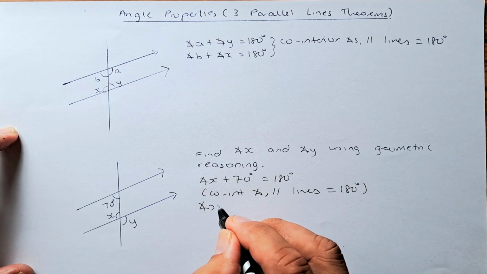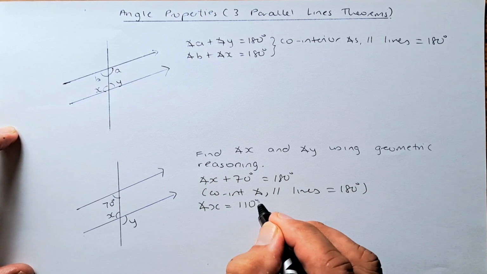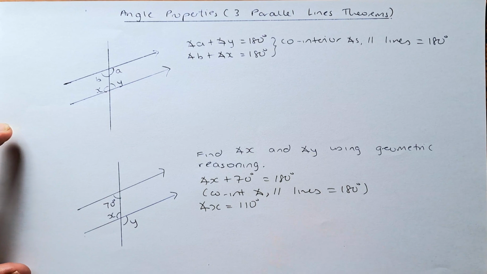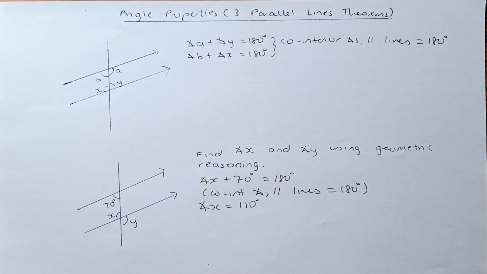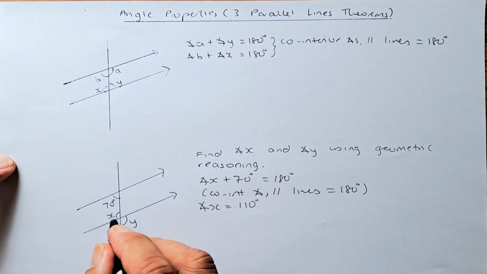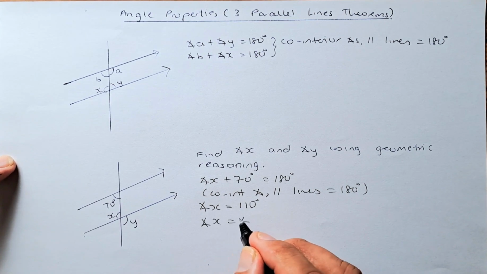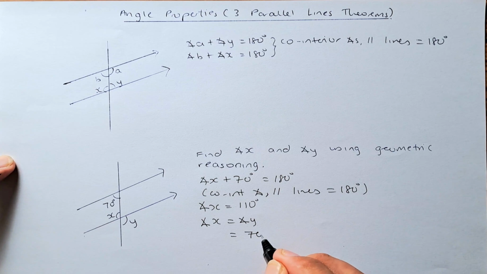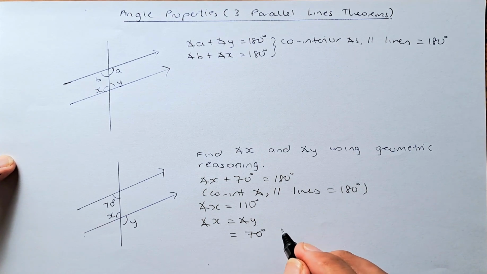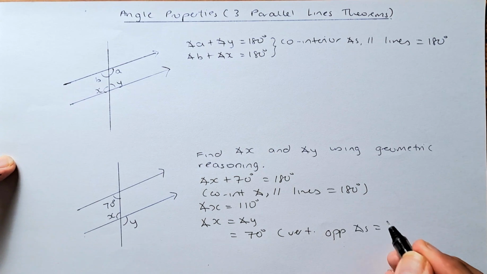So angle X equals 110 degrees, because 180 minus 70 will give you 110. To find your Y, they are vertically opposite angles. So angle X is equal to angle Y. This is equal to 70 degrees, because vertically opposite angles are equal.